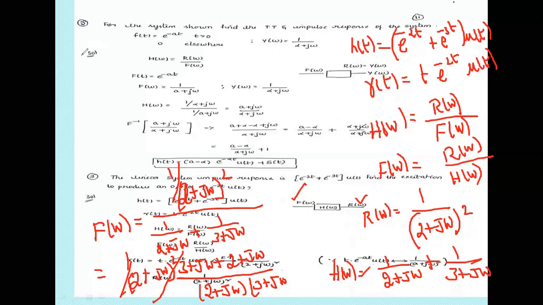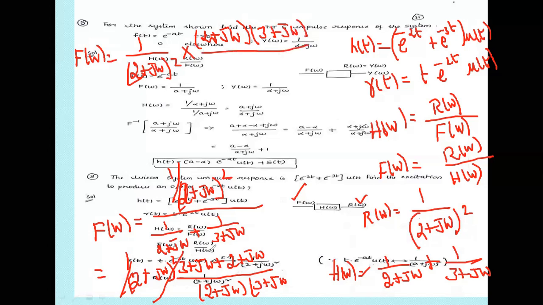This becomes F of omega is equal to 1 by (2 plus j omega) whole square, multiplied with 2 plus j omega into 3 plus j omega, divided by 3 plus j omega plus 2 plus j omega, which is nothing but 5 plus 2j omega.